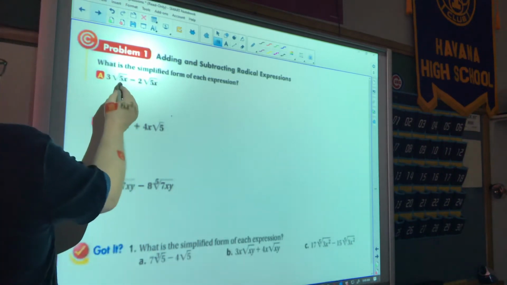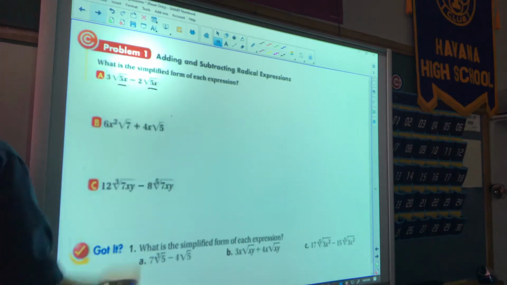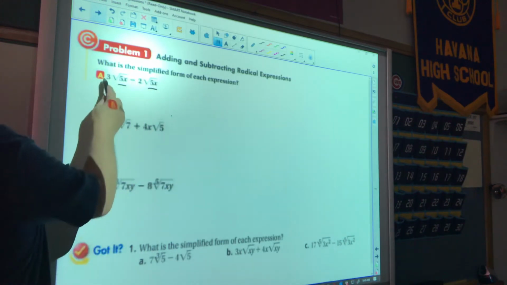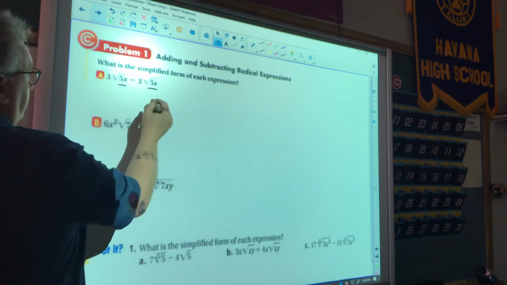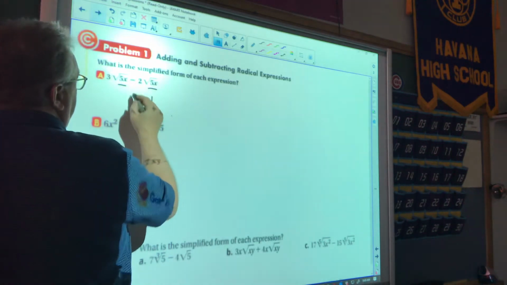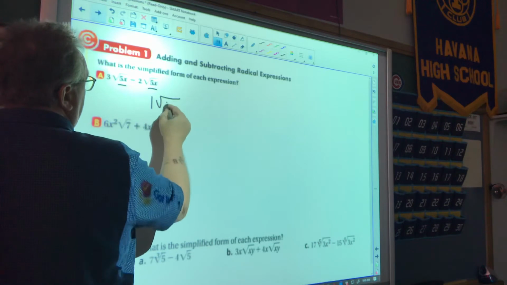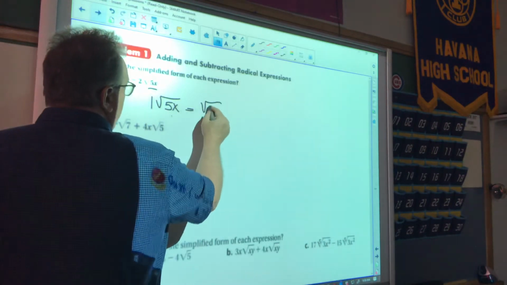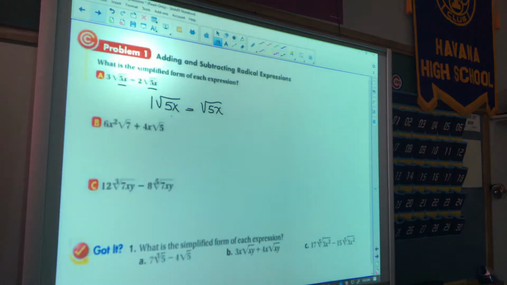In this case, the radicands are the same, the indices are the same, so all we have to look at is the coefficients. 3 subtract 2 is 1, okay? So we would just write that as 1 square root of 5x, or simply square root of 5x, okay?